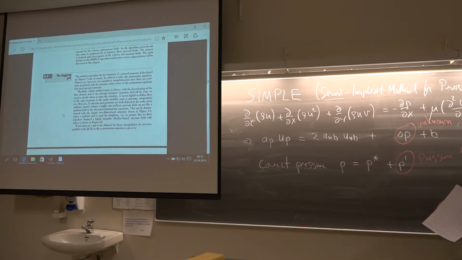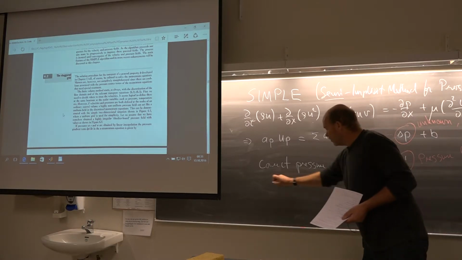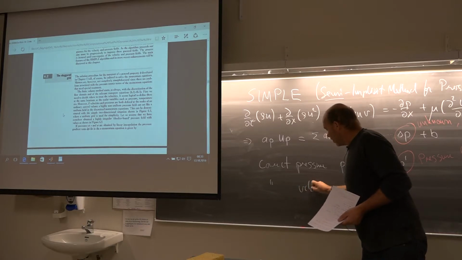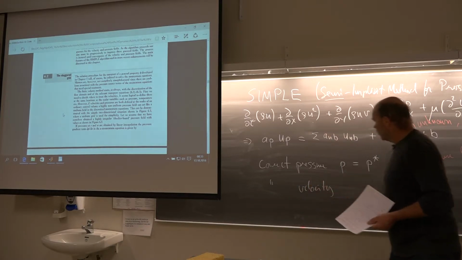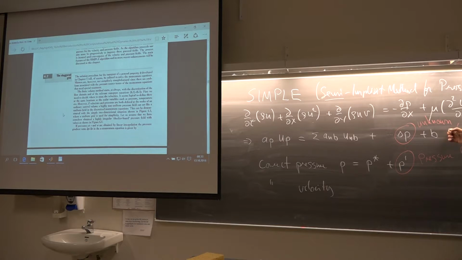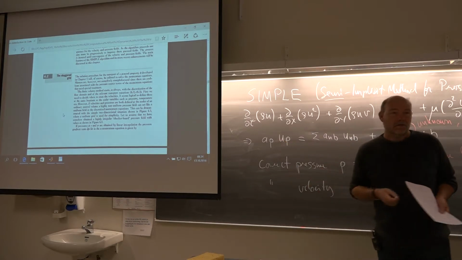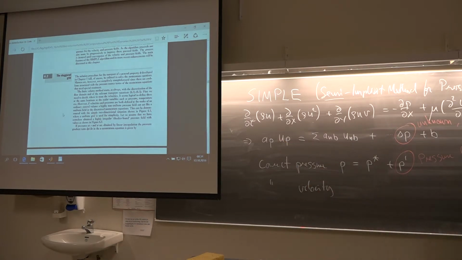And then we do the same with velocity. Because solving this equation here, we will end up with some velocities that are not correct. And this should sound familiar to you guys. Thinking about the SOLA algorithm and the projection method, time splitting method.